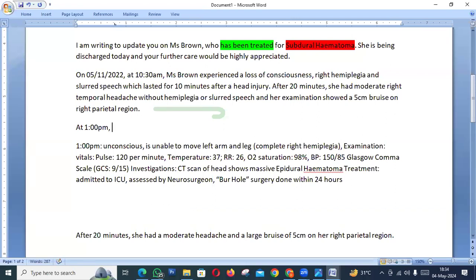PM with time. Just remember, with time you will use "at". With date, exact date, you will use "on". Okay. At this time, then what you will say?